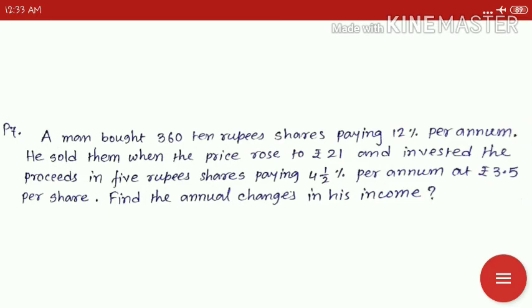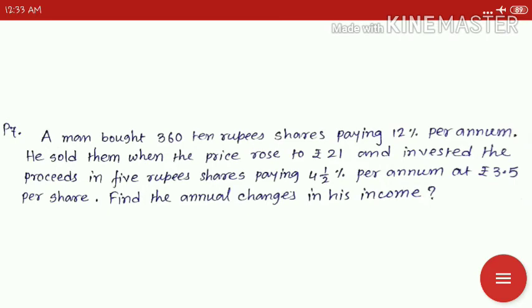Whatever amount he collected by selling those shares, he invested in another share available at face value rupees 5, paying 4.5% as rate of dividend, at rupees 3.5 per share. That means that was the current market value of that type of share.